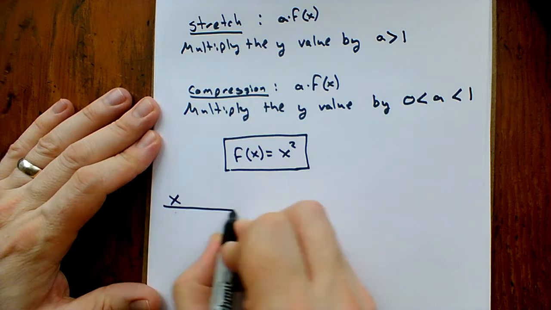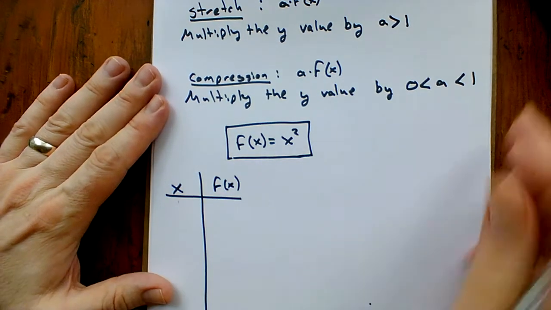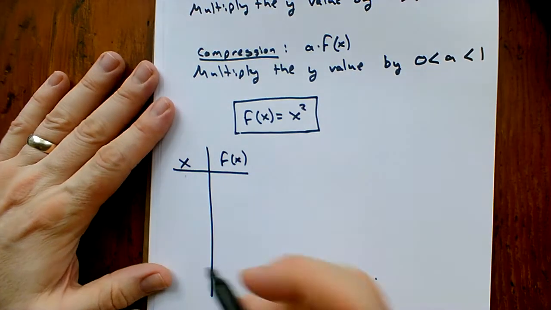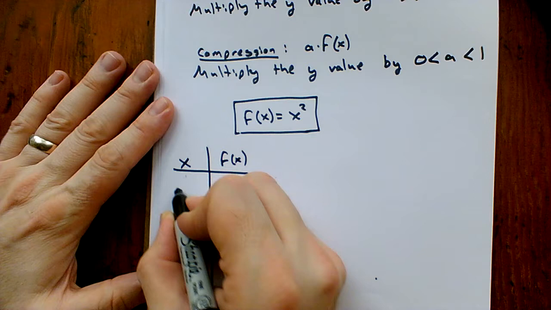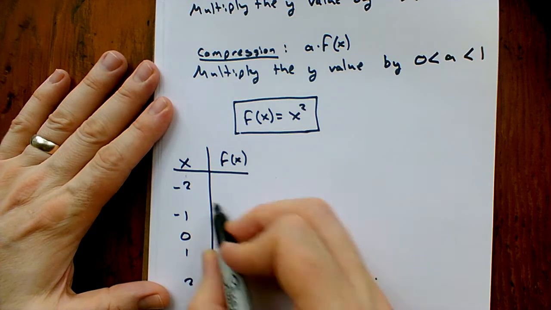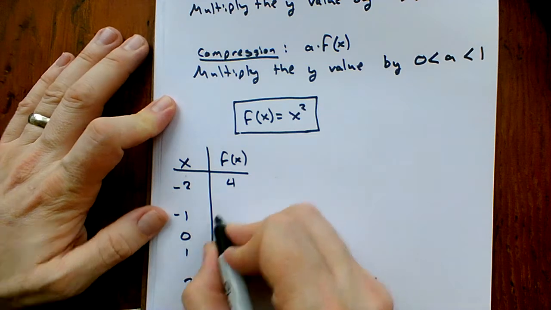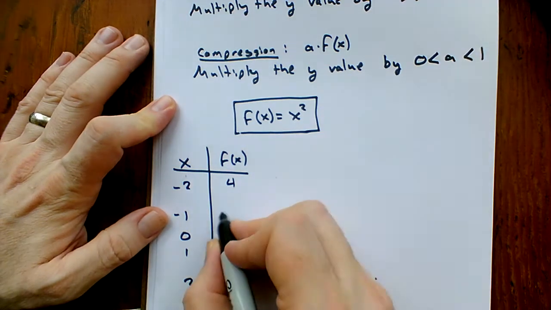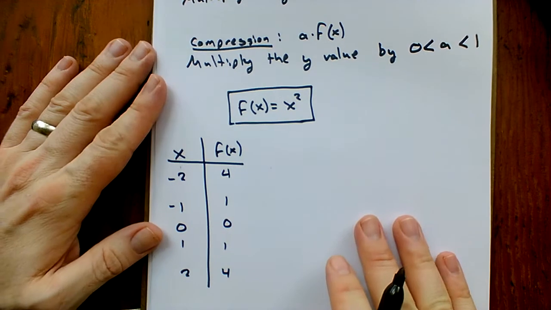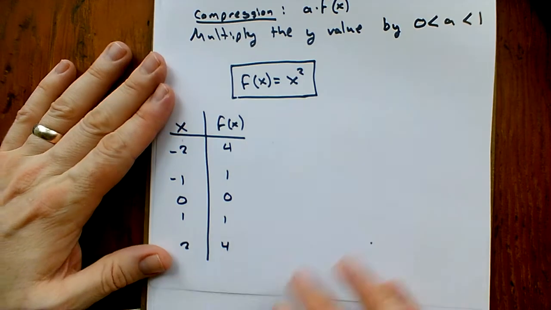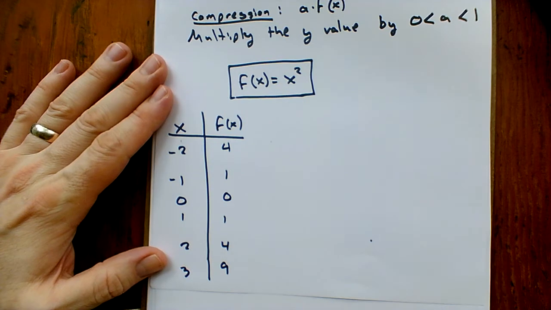For our x and our f of x, we tend to think of 0 as the center of these things, so I usually work out from there. If I were to take the square of -2, I'd end up with a 4. The square of 1 would be 1. The square of 0 is 0. Then 1, 4, and if I were to continue this trend, I would end up with 9 and so on.